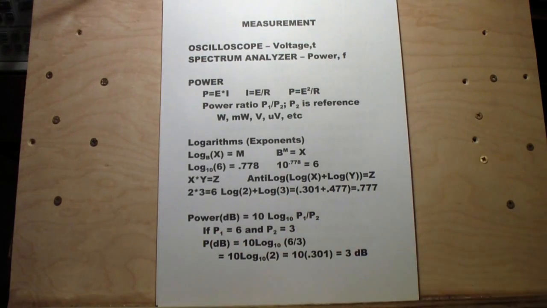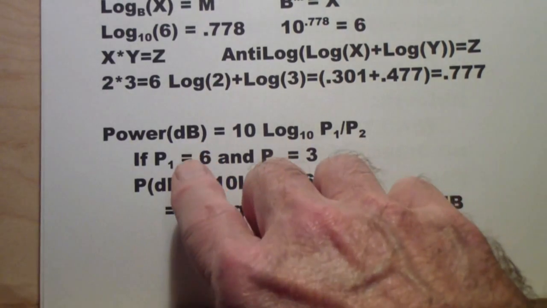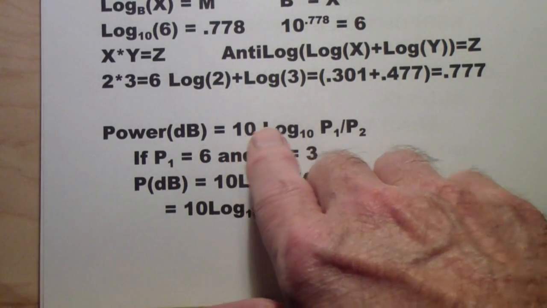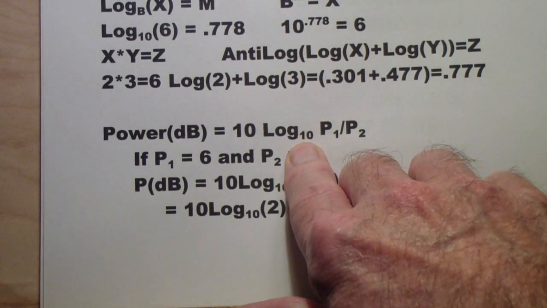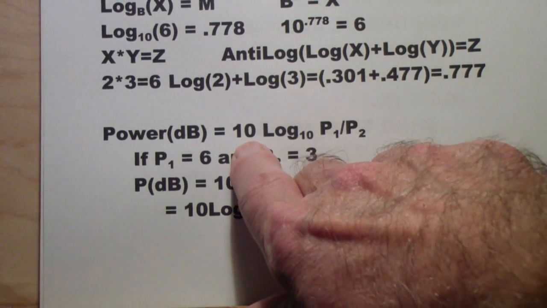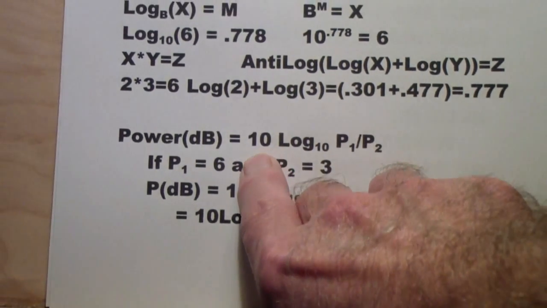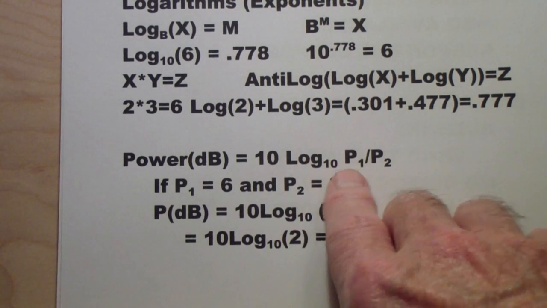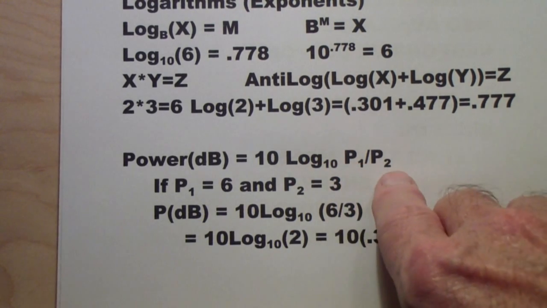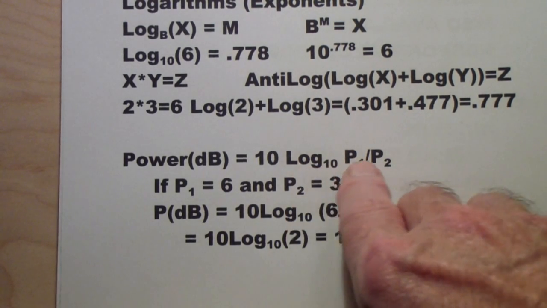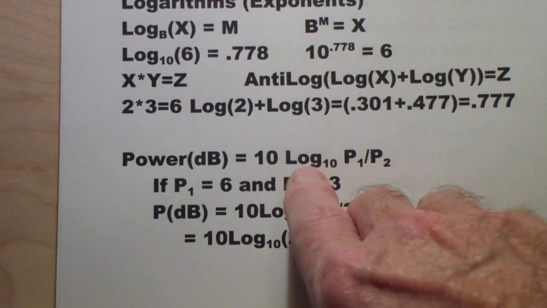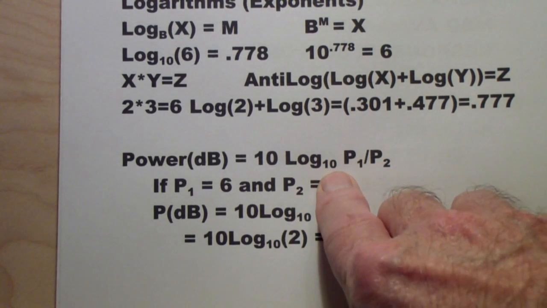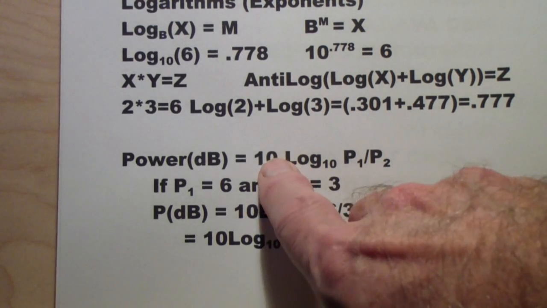So, power in decibels uses a logarithmic formula. It just multiplies the logarithm by 10. So if we have a power 1 and a power 2, we take the ratio of power 1 to power 2, then we take the log to the base 10, multiply by 10.